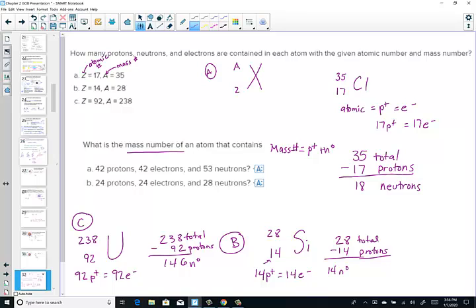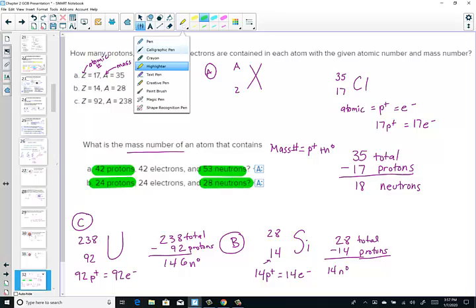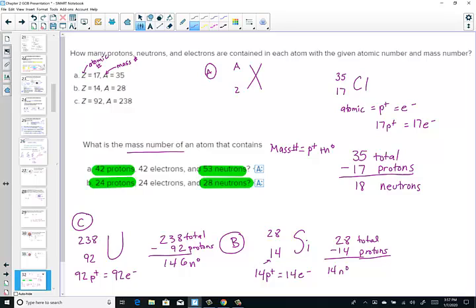They do not contribute to the weight. And so I'm going to add 42 protons to 53 neutrons. I'll add 24 protons to 28 neutrons. That will give me the mass number.